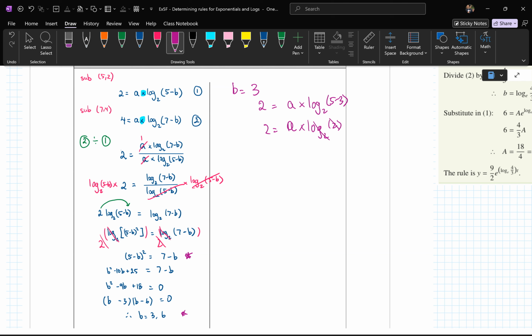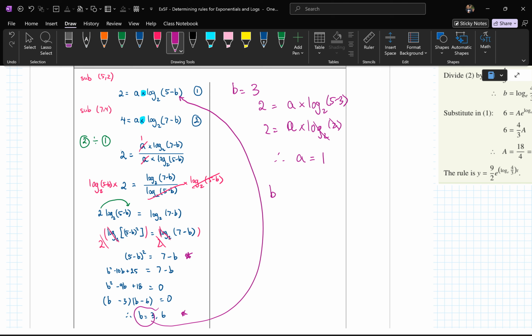It's 1. So a equals 1. That's if b is equal to 3. Okay, so 5 minus 3. So I just took 3, subbed it back here. 5 take away 3 equals 2. Log 2 of 2 is 1. A times 1 is a. And then therefore a equals 2. Wait, where did I get the 2 from? Oh, yeah. Cool. All good.